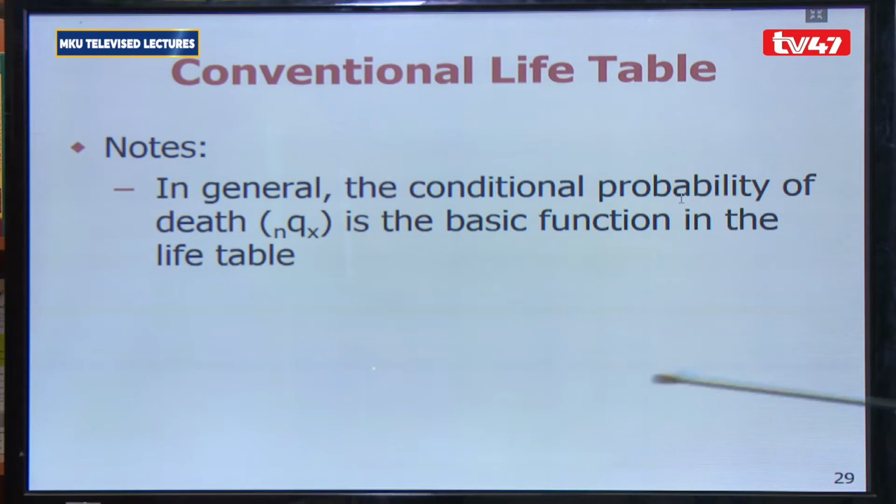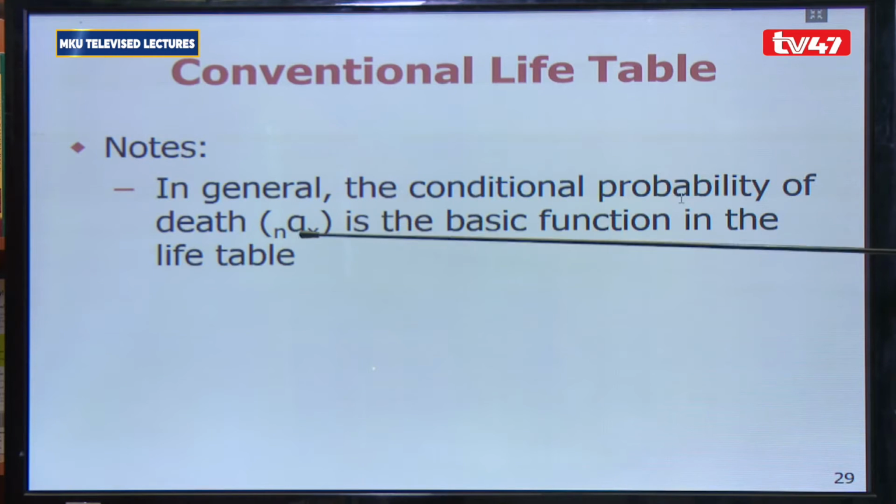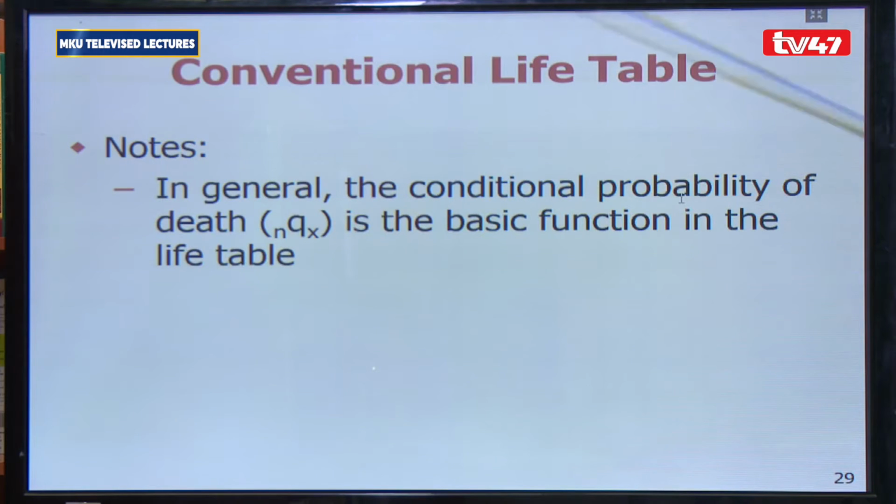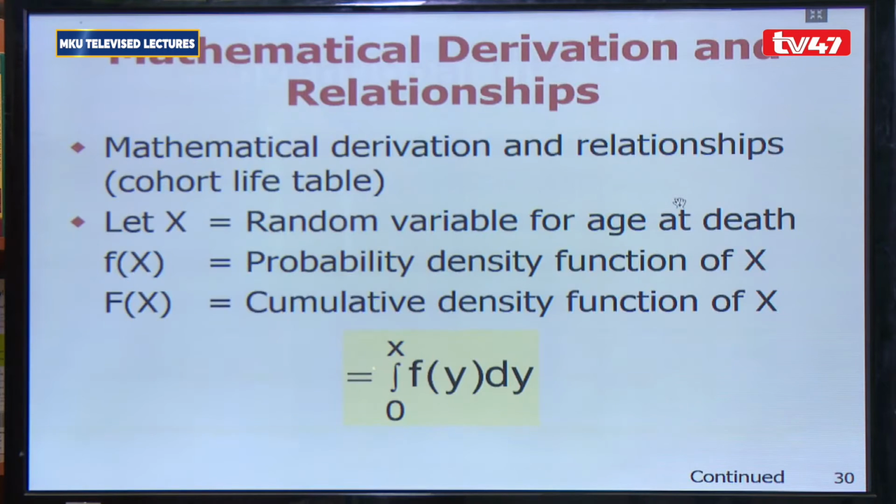It is worth noting that nqx, the conditional probability of death, so the probability that a person aged x will die in the next n years, is a basic function in a life table. In most cases, life tables will have the first column, which gives the age, the second column, which gives the number of lives, and also the column nqx.